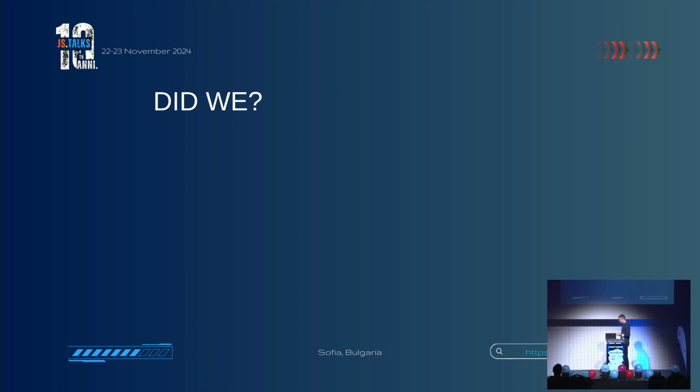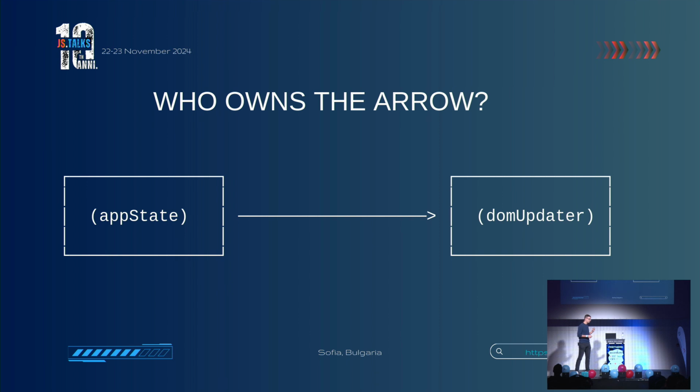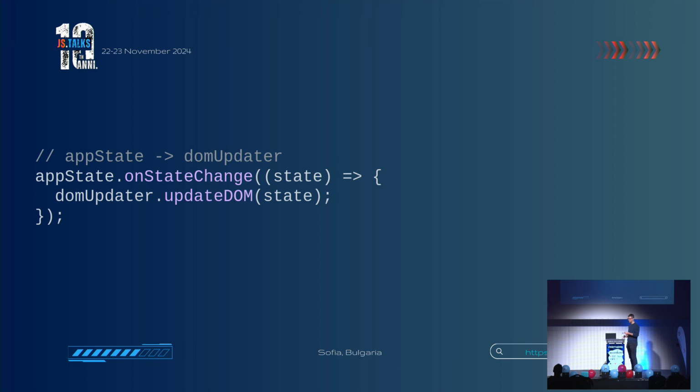But I think a subtle detail in reactivity is who owns the relationship. In this case, we need to be able to identify who owns the arrow. To build a reactive system, what we did was on state change, we forced the DOM updater to perform some work.